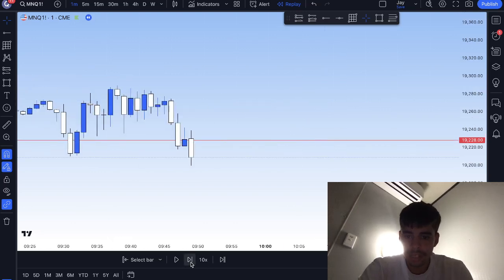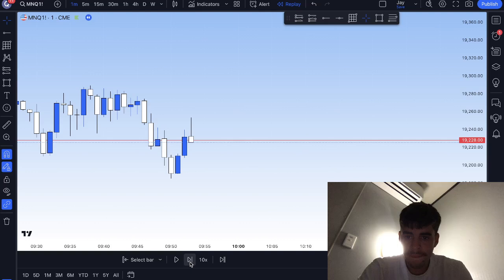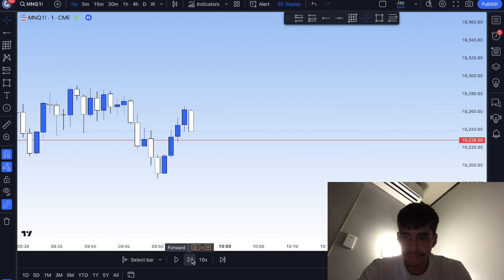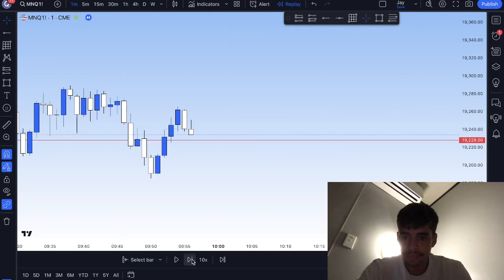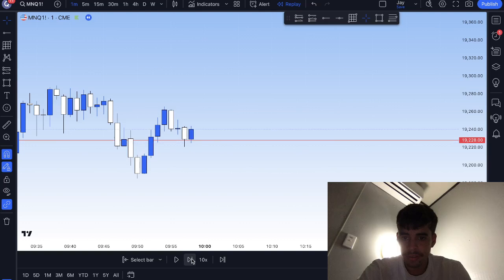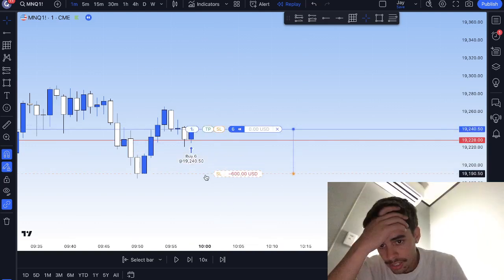We push in deep. We inverse and break structure. Fill a fair value gap. Close out bullish. Let's just see.